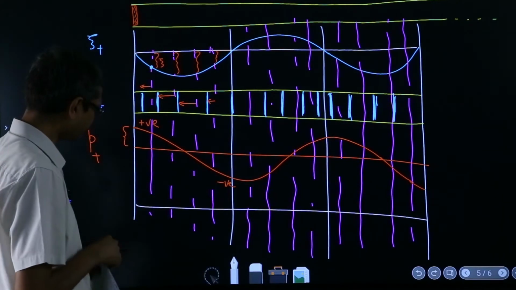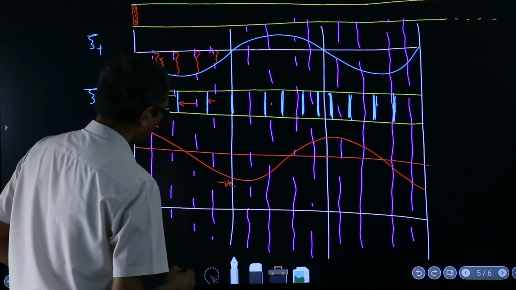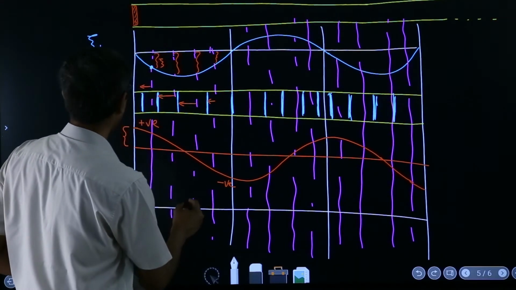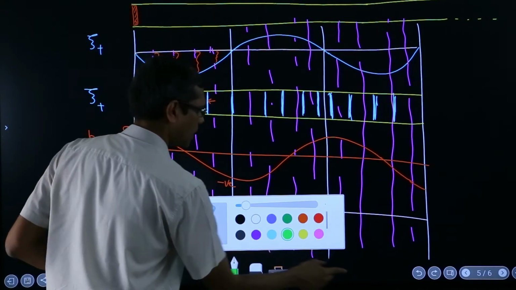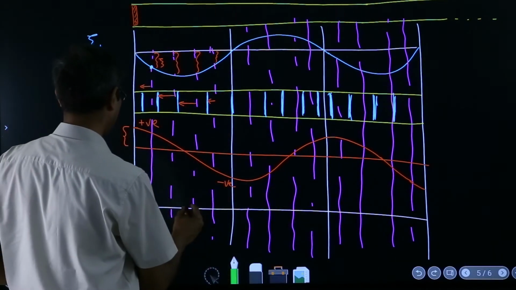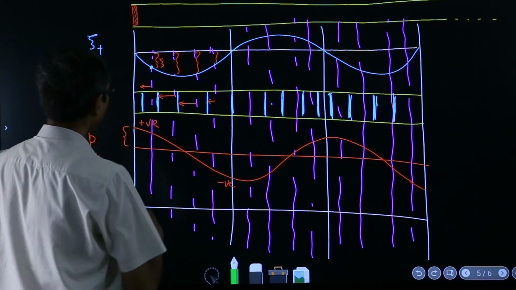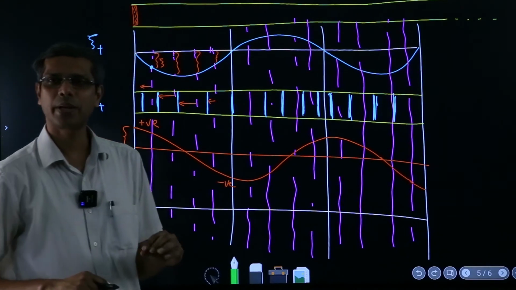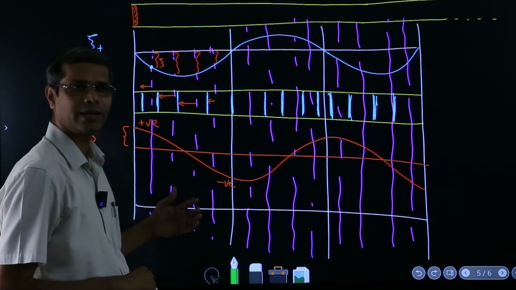Now, wherever you remember, our pressure and our velocities, they were in phase.